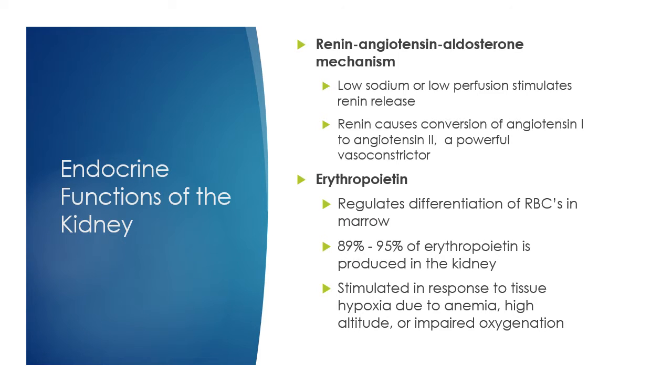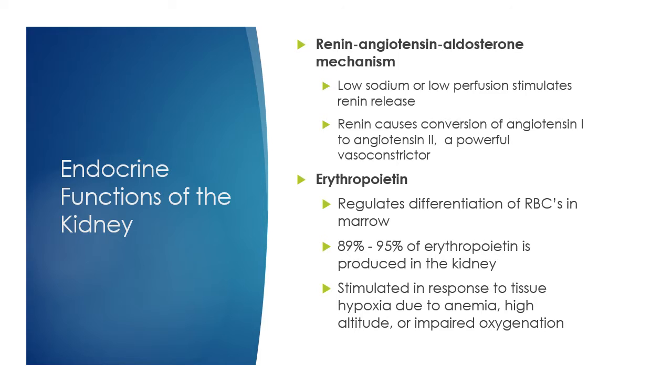So going back to the endocrine functions of the kidney, we have the renin-angiotensin-aldosterone mechanism. In response to low sodium or decreased perfusion, the kidney releases renin, and that is a very potent vasoconstrictor.